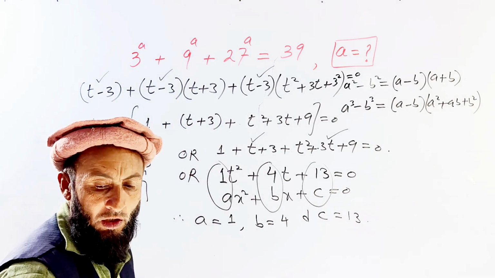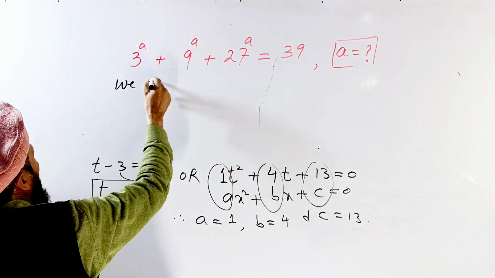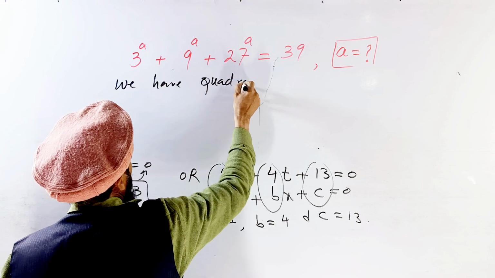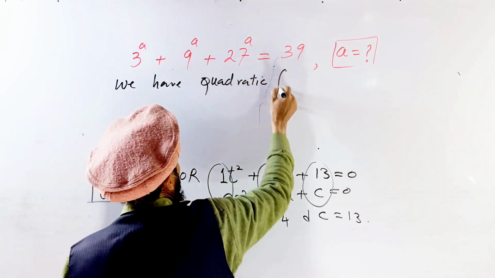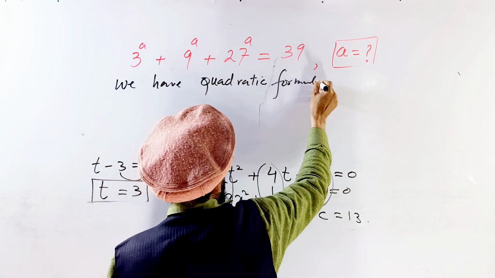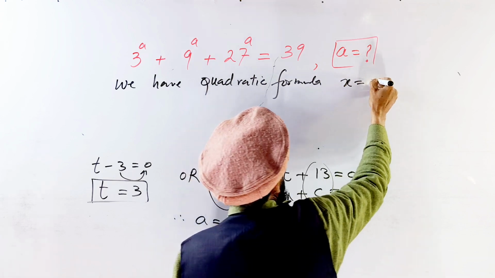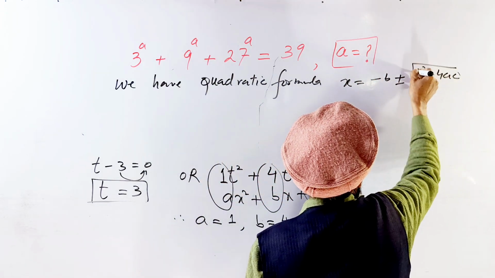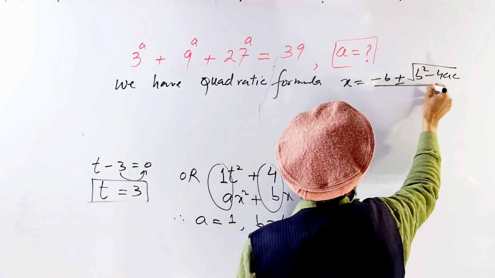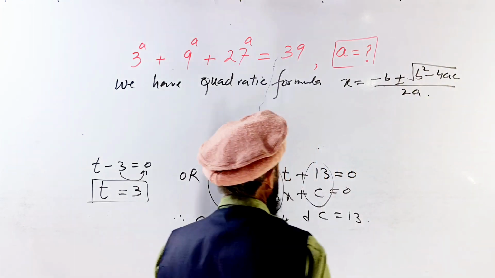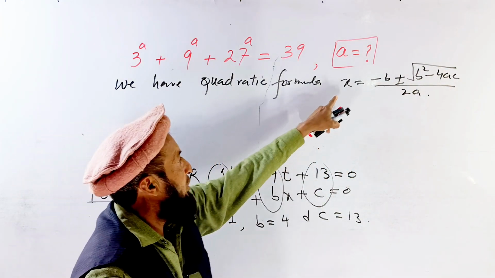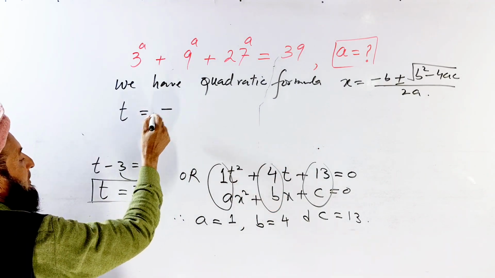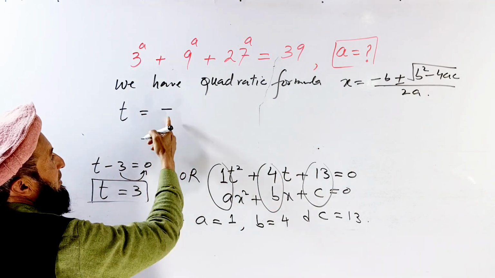Now we are using the quadratic formula. x is equal to minus b plus minus square root of b square minus 4ac, divided by 2a. But here the variable used is t, so t is equal to minus b plus minus square root of b square minus 4ac.